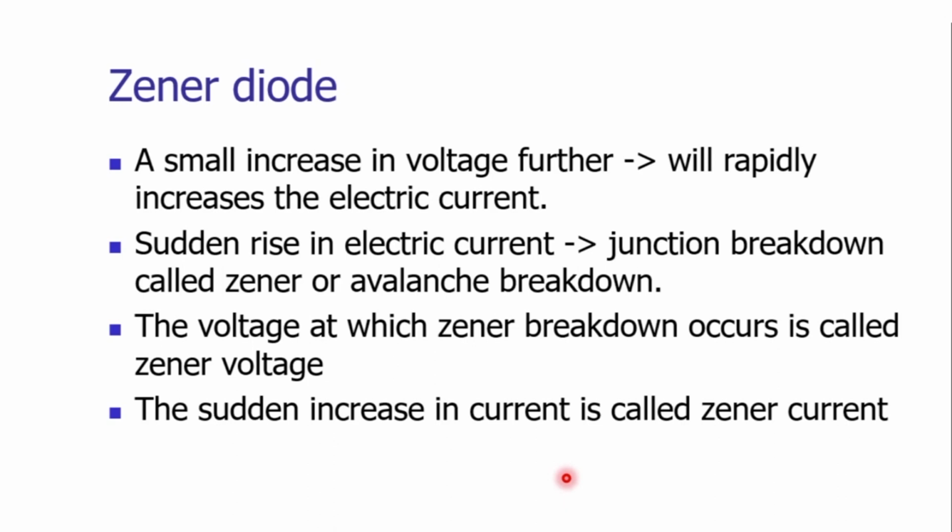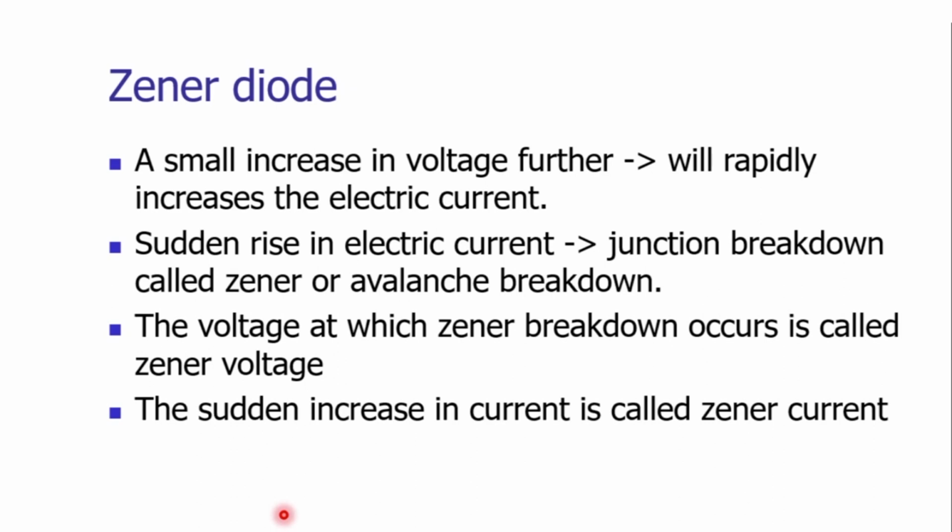And if you further apply the voltage in the reverse bias mode, then the junction will break down, and that breakdown of the junction is called the Zener breakdown or avalanche breakdown. The voltage at which the Zener breakdown occurs is called the Zener voltage, and the sudden increase in the current is called the Zener current.